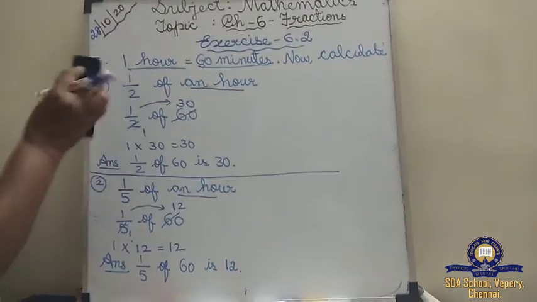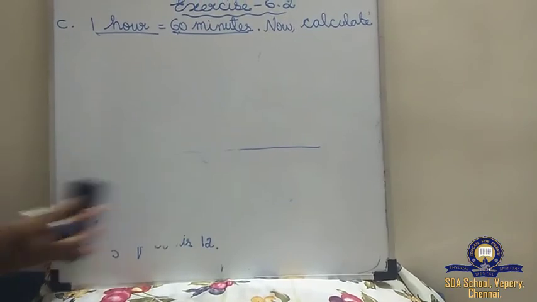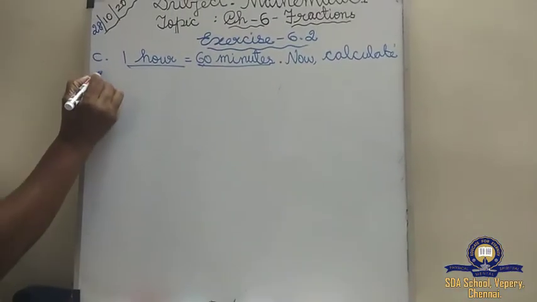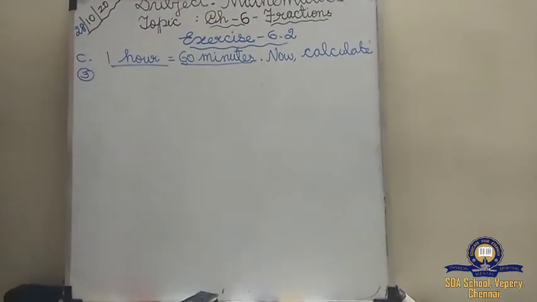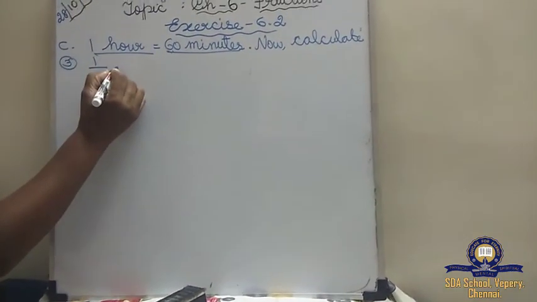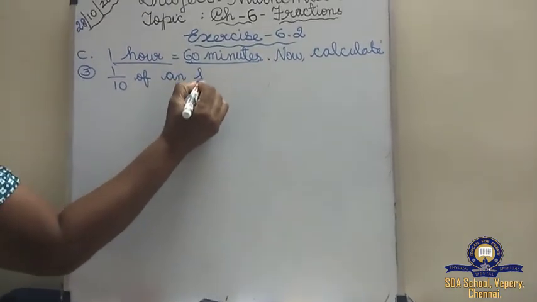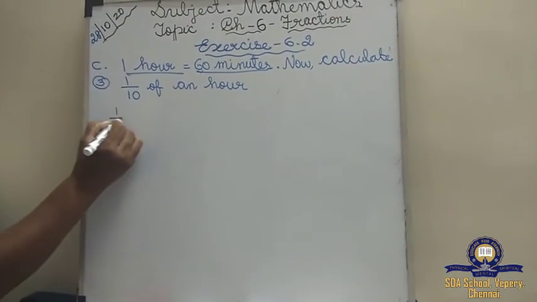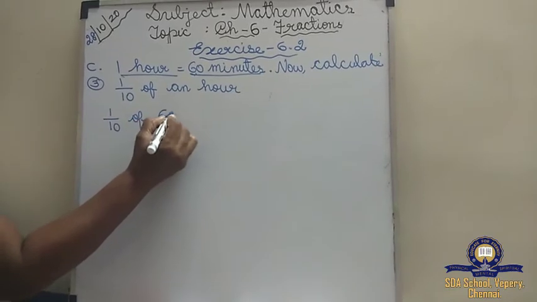Okay, we'll see 2 more sums. The third sum, 1 by 10 of an hour. So again the same, children. 1 by 10 of an hour means what, children? 60.